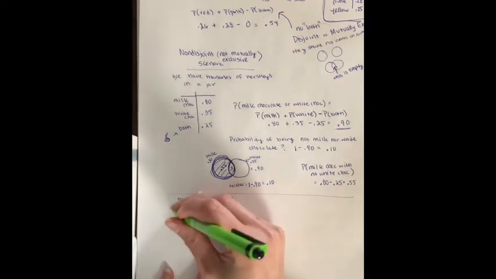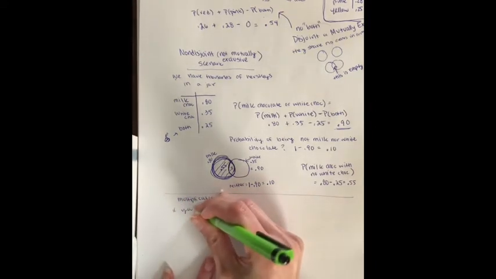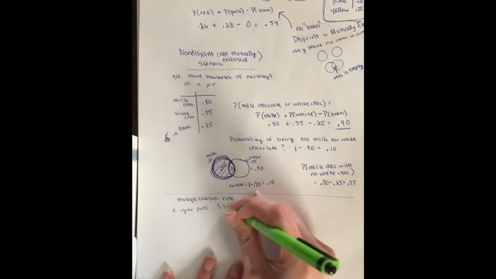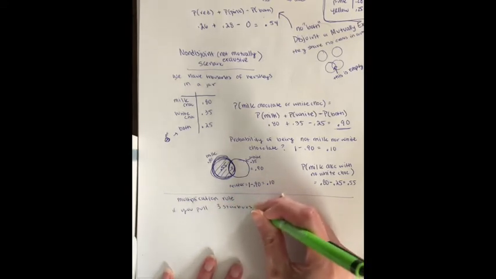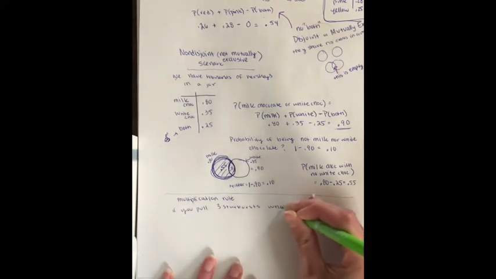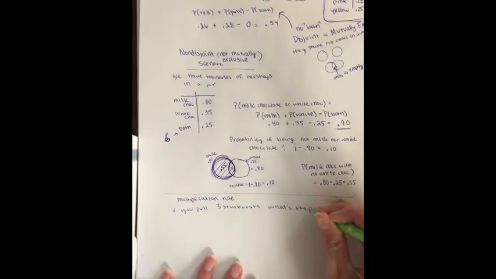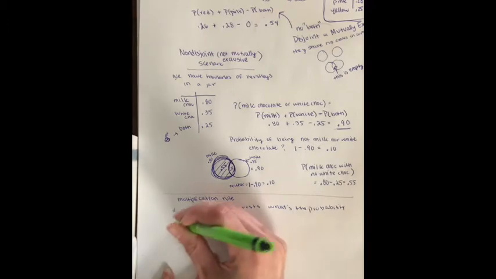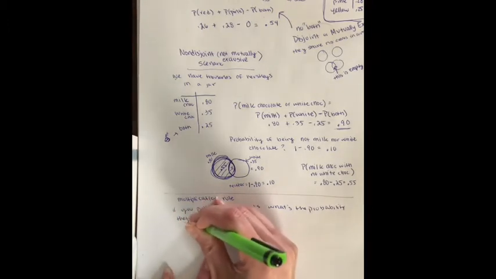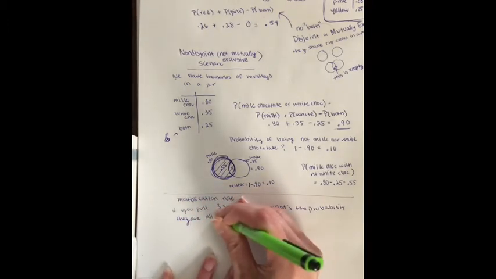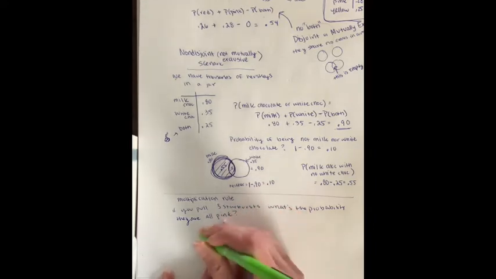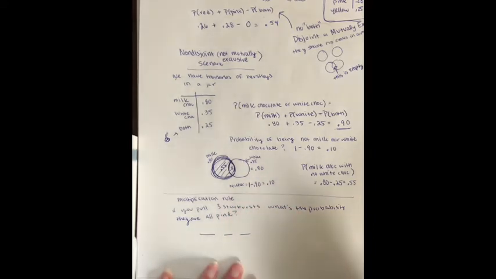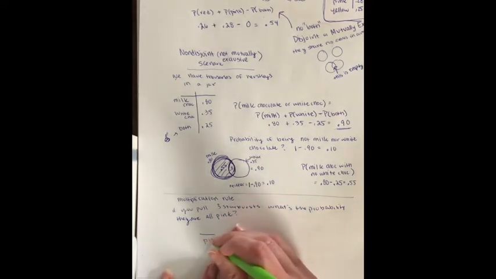So let's say if you pull 3 starbursts, what's the probability they are all pink? And this is when we did the dashes, if you remember the dashes. So it's like 3 starbursts and they're all pink.